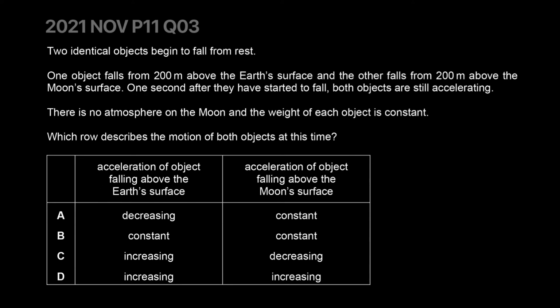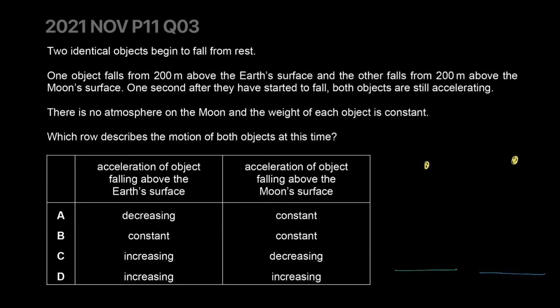Anyway, here is the Earth's surface, and here in parallel is the Moon's surface, and the object in yellow is falling 200 meters on both, right? Which rule describes the motion of the object? We're talking about acceleration. As soon as they start falling, it's going to be 9.81 for the Earth, and I think it's about 1.6 for the Moon.